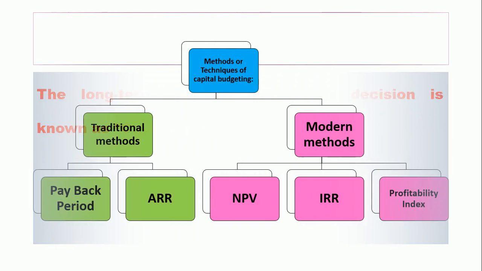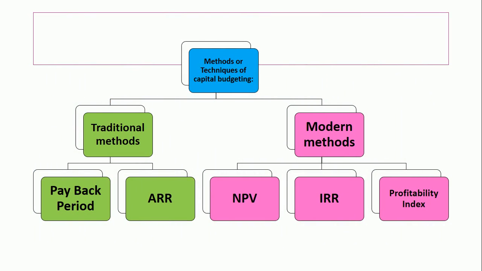There are many techniques or methods used for decision making in capital budgeting. They can be classified as traditional methods and modern methods. Traditional methods consist of payback period and accounting rate of return, whereas modern methods consist of net present value, internal rate of return, and profitability index.